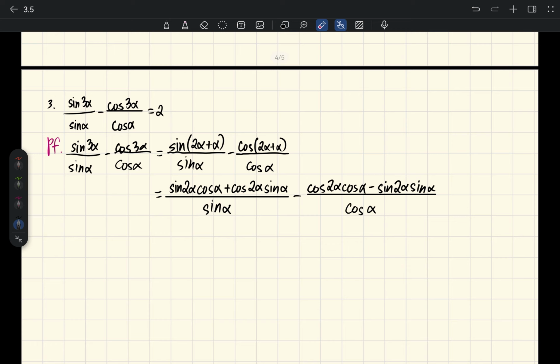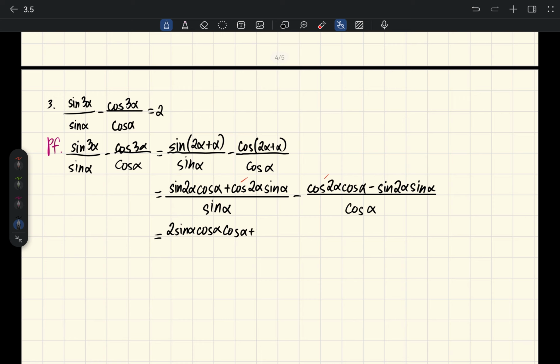So as long as there are things that you can work with, let's just leave this alone. Instead, we can play with sine of 2 alpha since that just has one form, 2 sine alpha cosine alpha. So right here, we can write sine of 2 alpha as 2 sine alpha cosine alpha, but you still have here cosine alpha, so let's write that one.